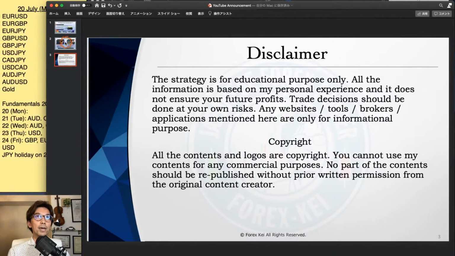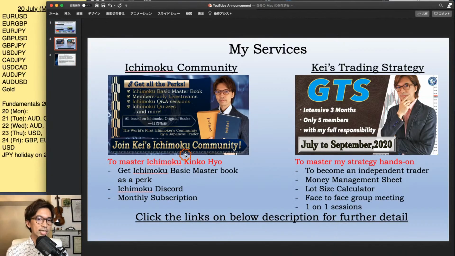One of them is the Ichimoku community. This is a monthly subscription, about $30 per month, or $28 or $29 per month, because the price changes as I set it in Japanese yen, 3,000 Japanese yen, so it translates to your local currency, and that's why the price fluctuates.